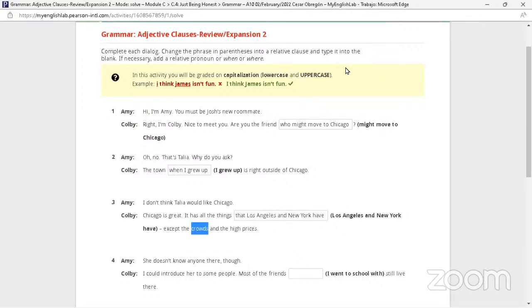Let's see. Let me show you. When you say crowd, it means many people, or it could be multitude. When you say crowded, it means that it's packed, full of people.